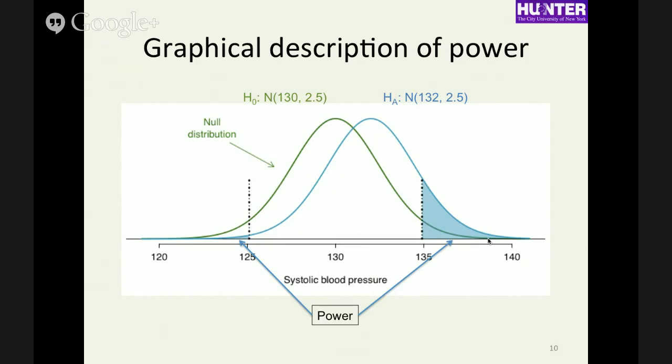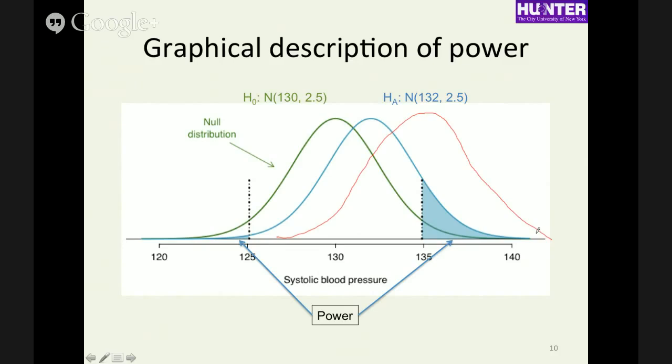So what's going to happen if we move this alternative distribution further to the right? What's going to happen to this area? See if I can at least draw a little bit here. So what's going to happen to that probability of correctly rejecting the null hypothesis if that's the correct distribution?